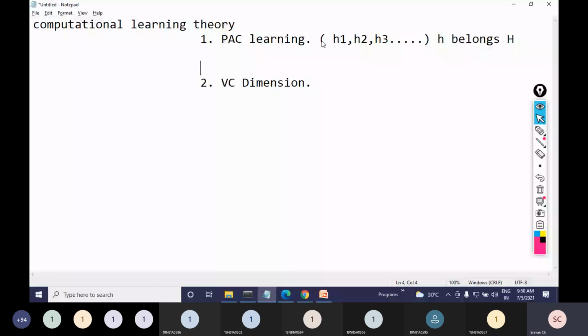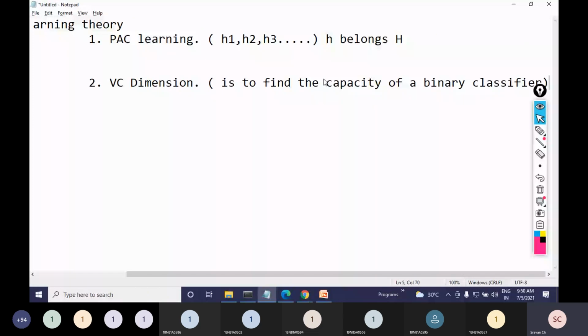And VC dimension, its purpose is different, right? VC dimension is used to find the capability or capacity of a classifier, specifically a binary classifier, right? So suppose you have a problem in hand and you want to solve a classification problem.